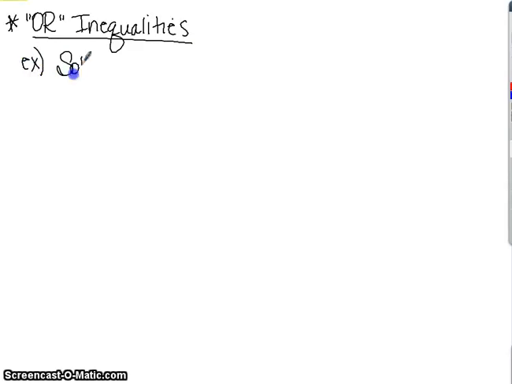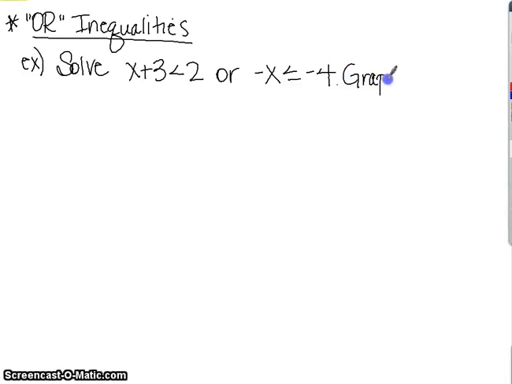We are going to solve x plus 3 less than 2 or negative x less than or equal to negative 4. And then again, we're going to graph the solutions on a number line.